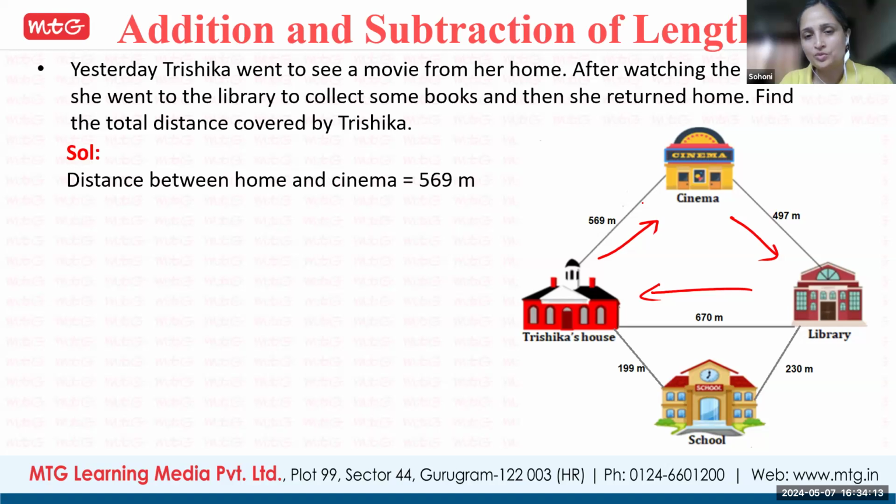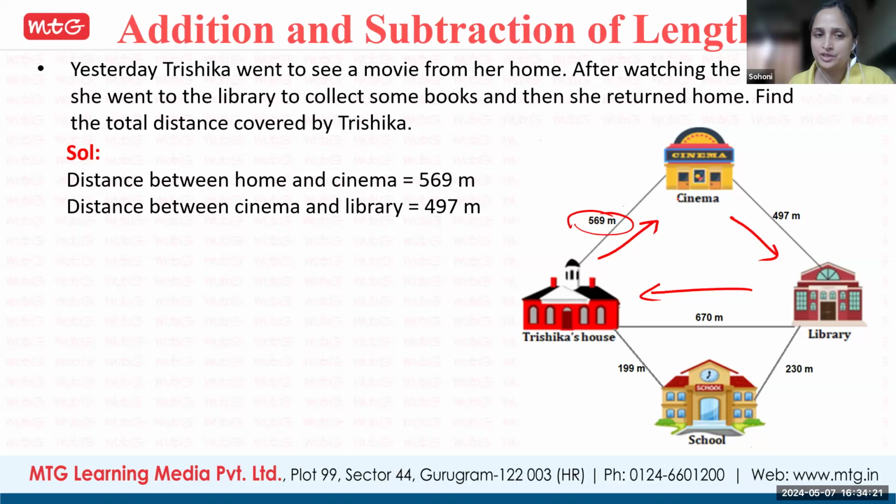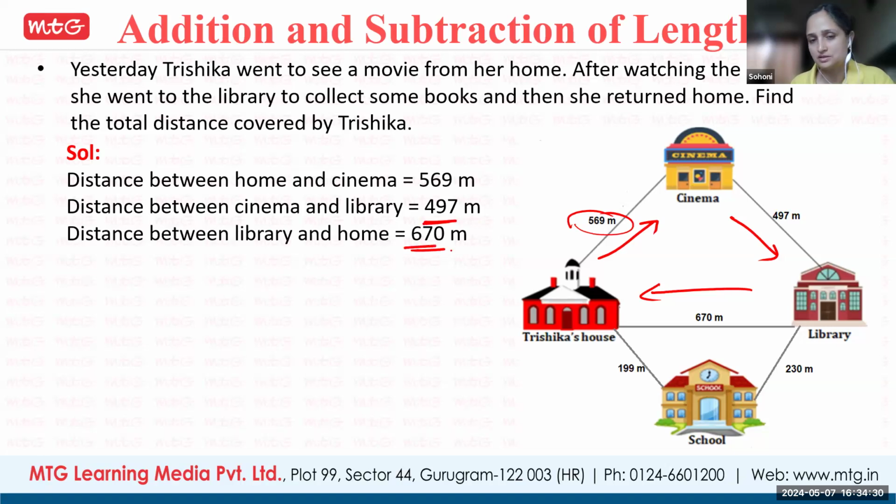So distance between home and cinema, 569 meter. Then cinema to library, that is 497 meters. And then library to home again, that is 670 meters.